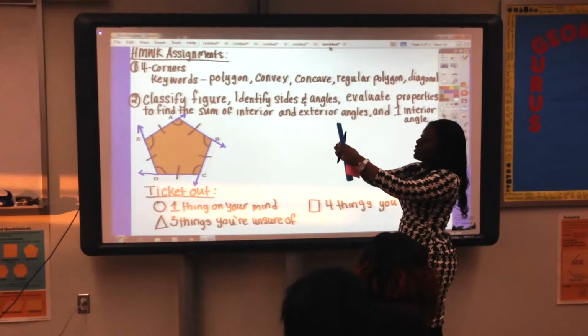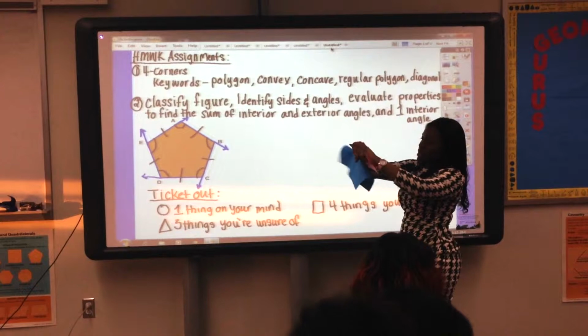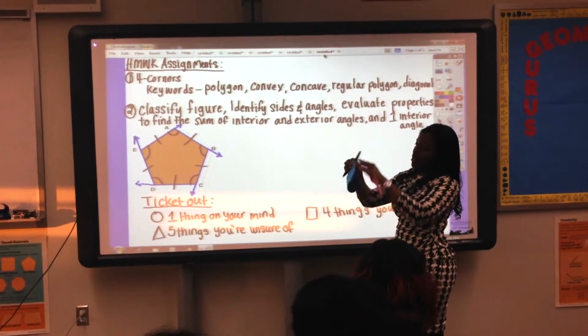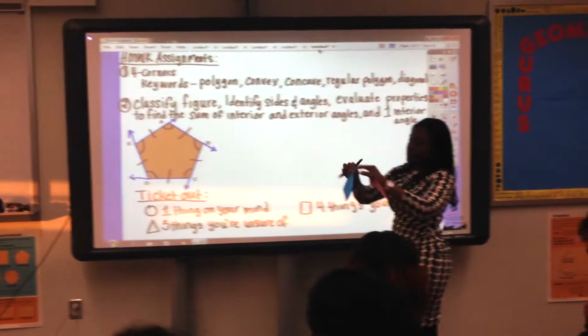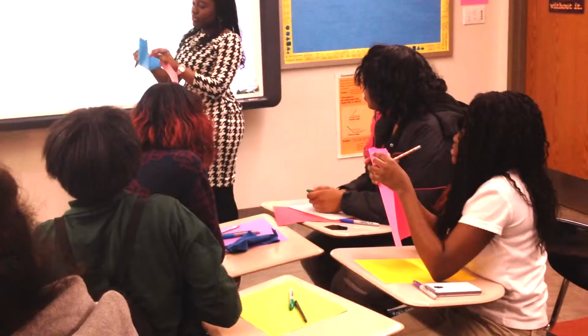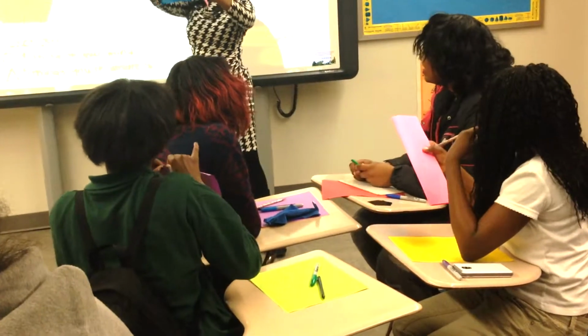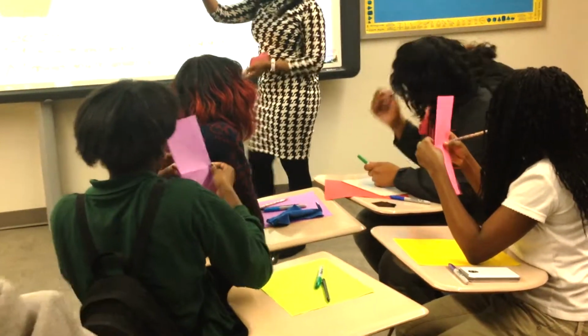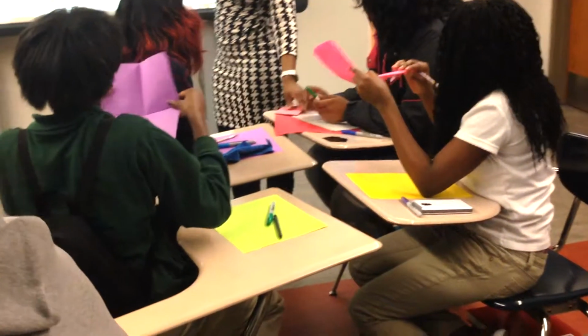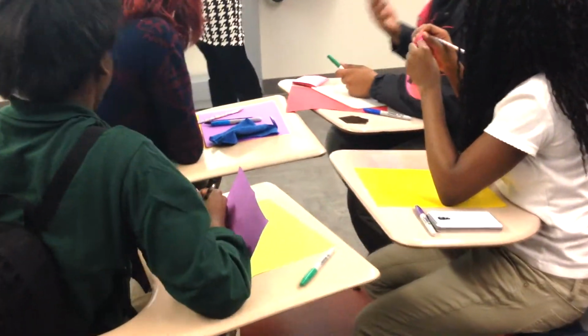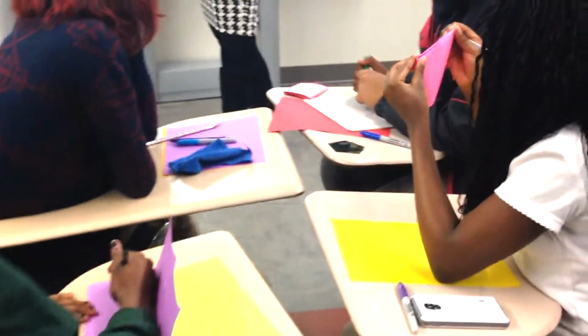You're going to fold it in 4s, just like this. So you should have 4 corners, 1, 2, 3, 4. In one of the boxes, you will have your keywords.